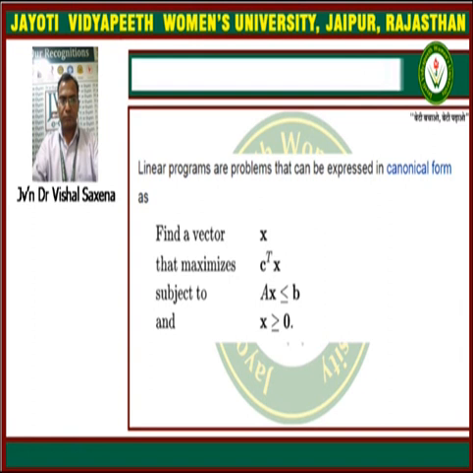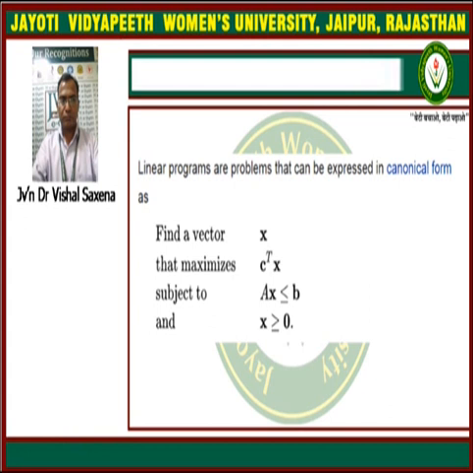This is the objective function C^T x, given in matrix form. C represents the cost matrix, and C^T represents the transpose of the cost matrix, and x represents the decision variables in matrix form, and subject to.